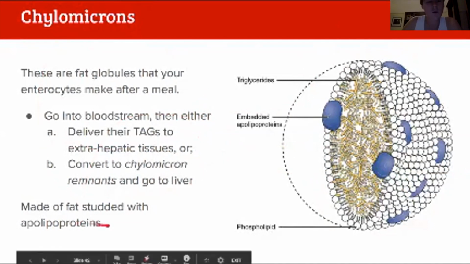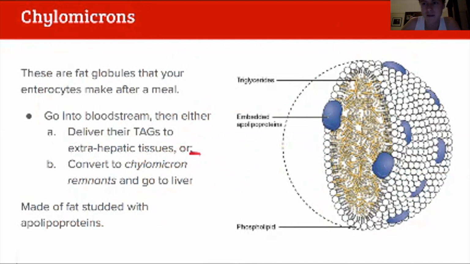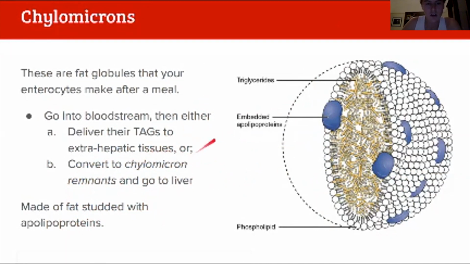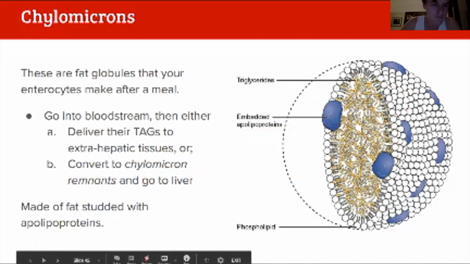So when they do that, they actually react with something called lipoprotein lipase. Not a massively important step. It's in a diagram a bit later, you'll see. And when they do that, they convert to these things called chylomicron remnants, which go to the liver for further processing, okay? So in other words, most of the fat that you eat will go to your cells, and whatever's left over goes to the liver, okay?